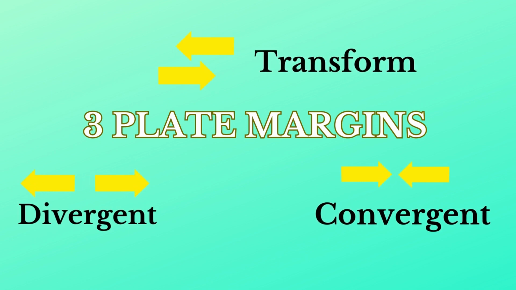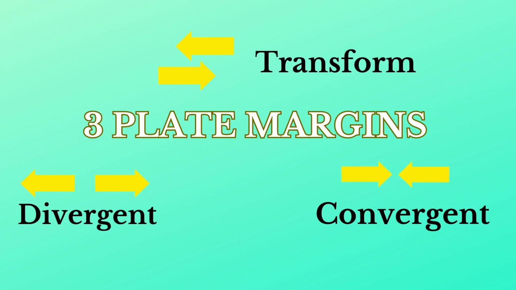Now, convergent plate margin is just one of 3 types of plate margins. At a transform plate margin, the plates are sliding past each other and often create earthquakes like those we see along the San Andreas Fault in California.